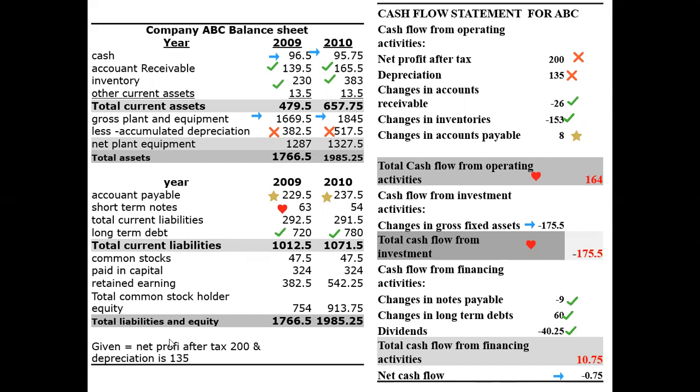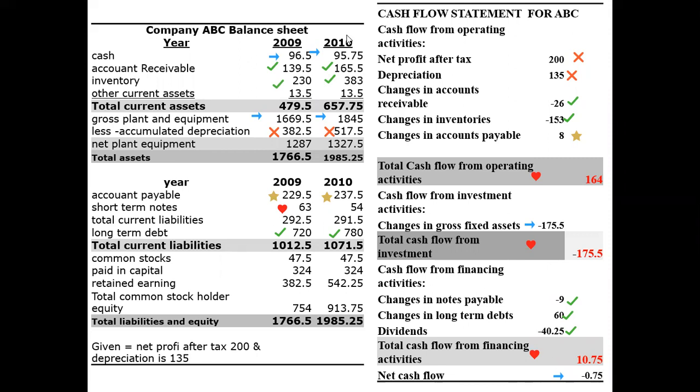So when we add the three items here together, the notes payable, the long-term debts and the dividends, they will give me the cash flow from financing. Then when we add the cash flow from operating, the cash flow from investment, and the cash flow from financing, the three items will give me minus 0.75.